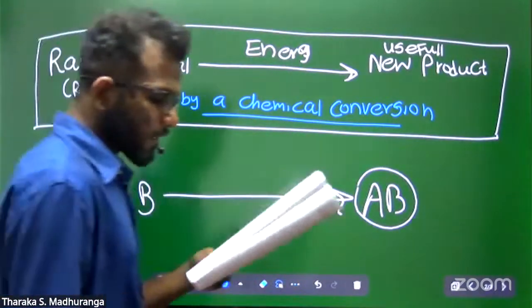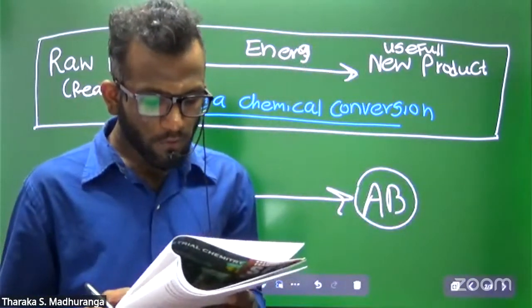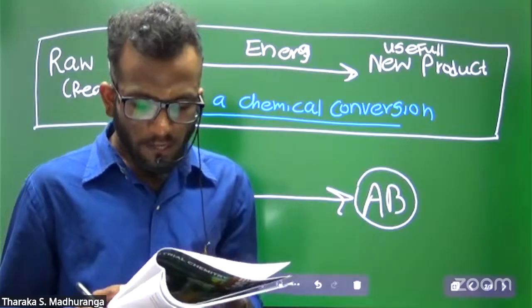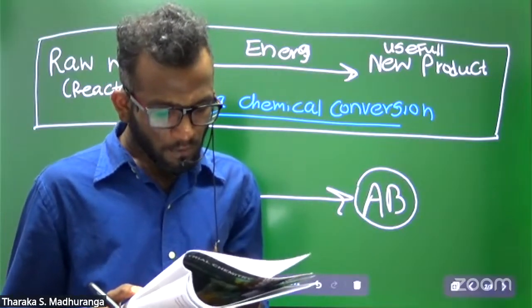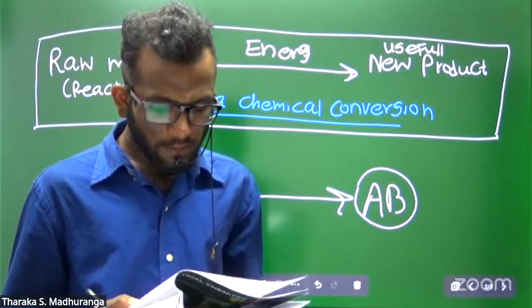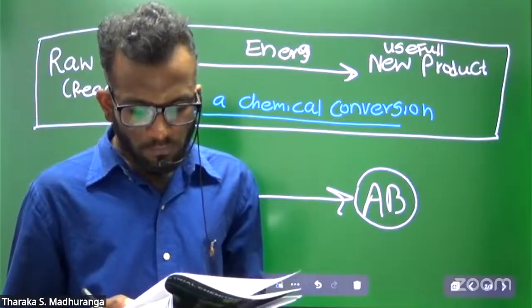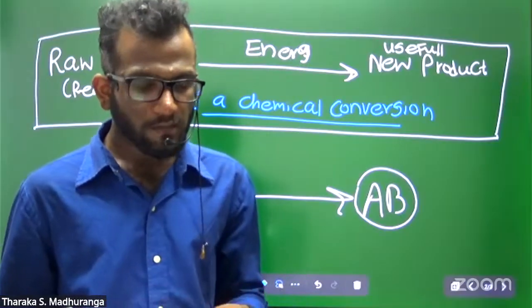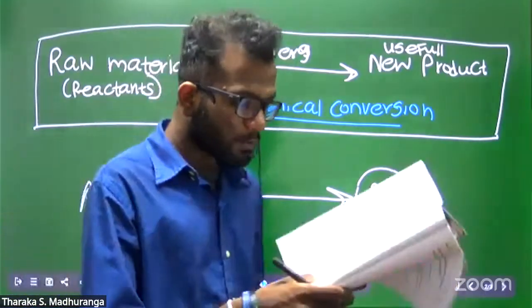Okay, next point. Chemical reactions related to ammonia, caustic soda, sulfuric acid, hydrochloric acid, and nitric acid can be presented to indicate that chemical change occurs as one of its main characteristics. This point is very important.